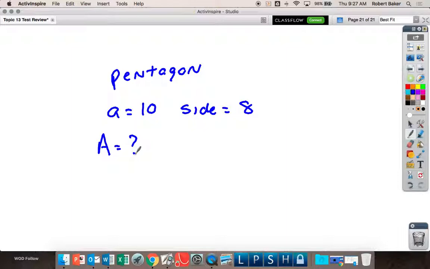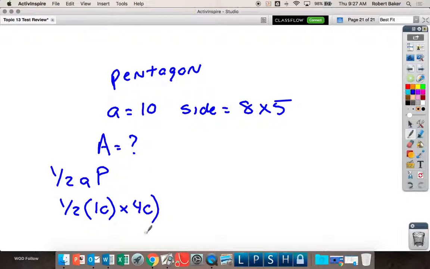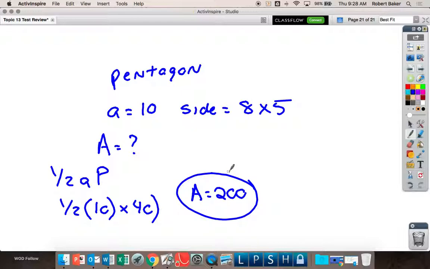So because it's a regular pentagon, you have to use 1/2 the hypotenuse times the perimeter. 1/2 times 10 times the perimeter of that shape. So if one side length is 8, what is the perimeter of the pentagon? 40, because it has 5 congruent sides. So the area of this shape would be 200. That's the last question on your test. It gives you all the information. Just solve for the area of that shape.